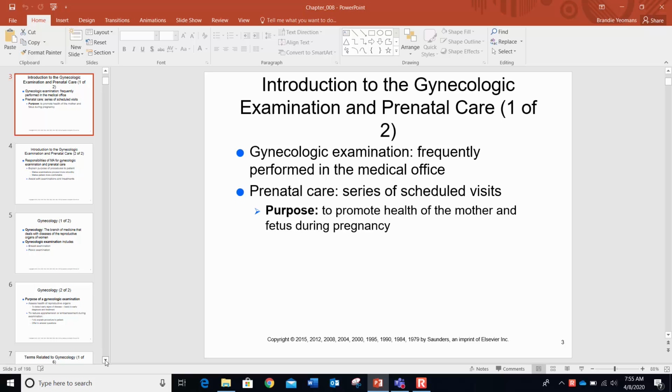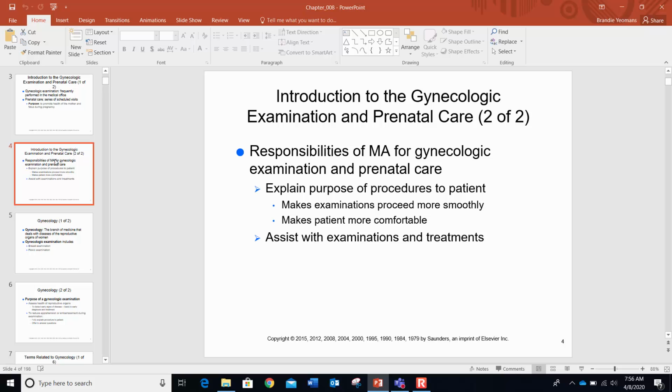So let's talk about why we do a gynecological exam and a prenatal exam. Well, this is something that is very easily done in the doctor's office or even in the hospital. What we're doing is trying to promote good health of the female, and if they're pregnant, good health of the mother and the fetus during pregnancy.